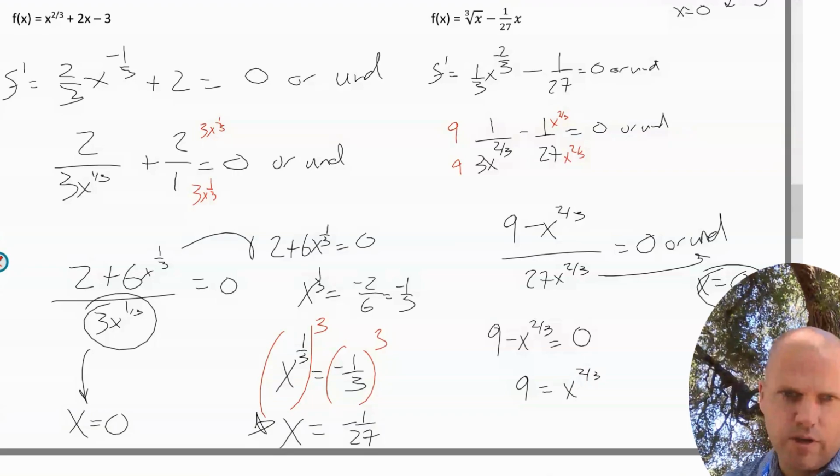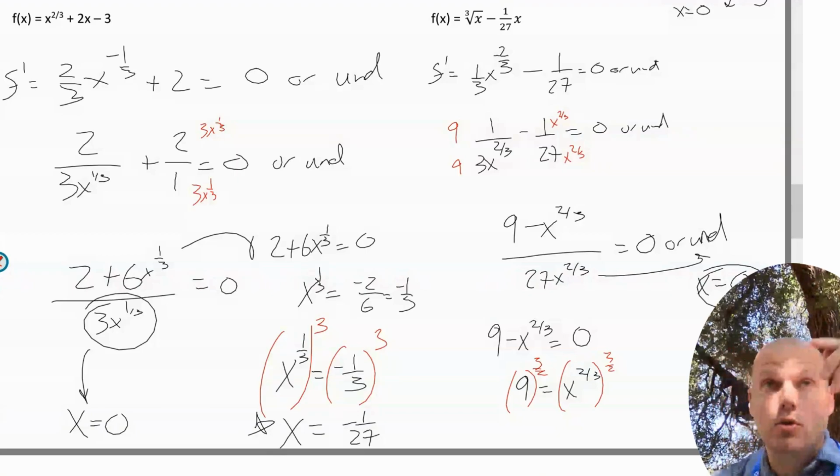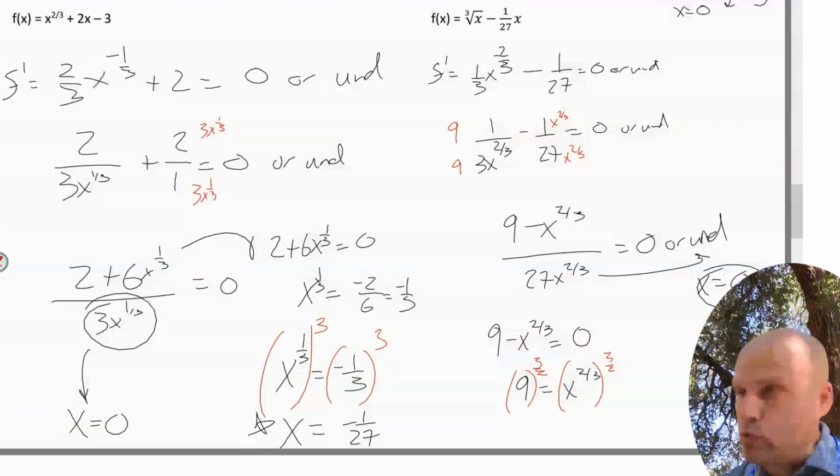How do you get rid of the 2/3? I would take the 3/2 power. Now, what is this? A lot of you like to split it up into two things. You cube it, then square root it, or you square root, then cube. That's fine. You have to square root at some point to solve the equation.